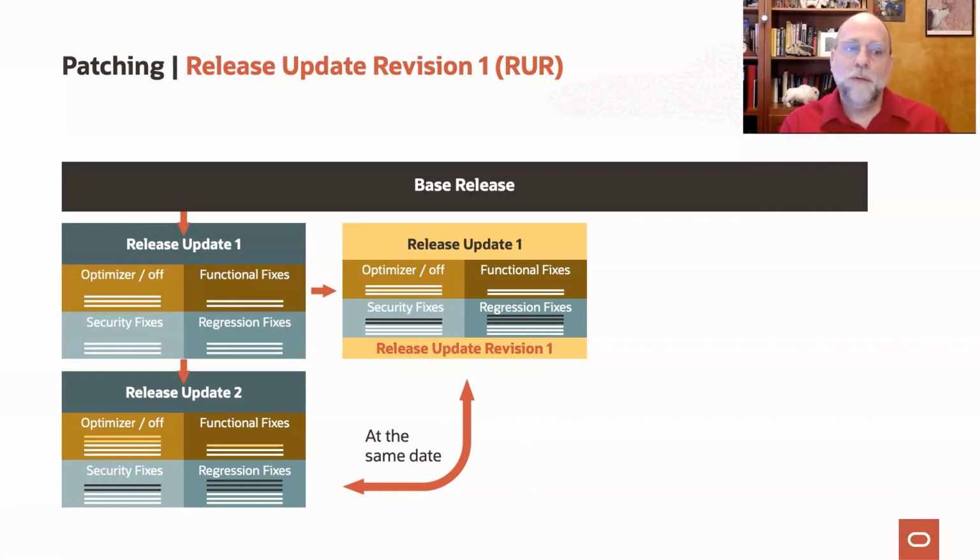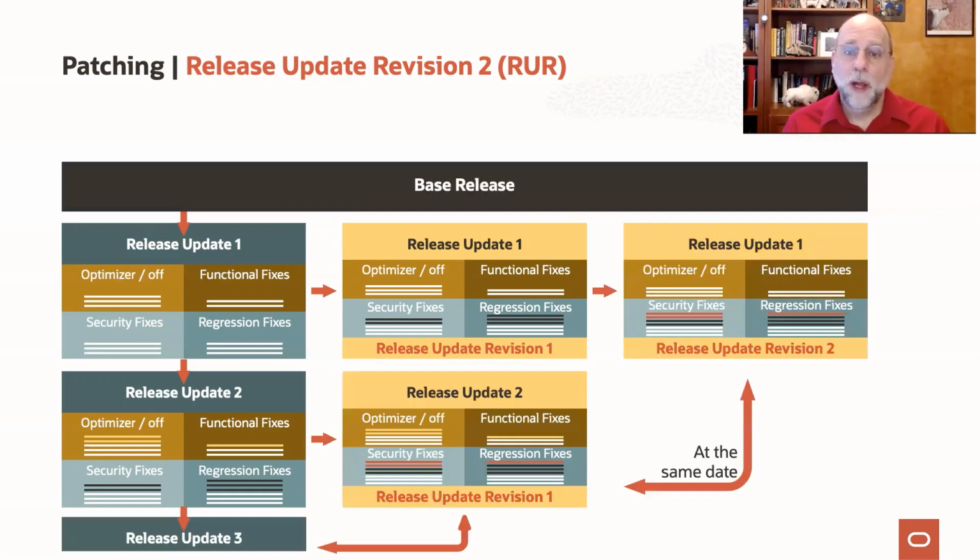In other words, if that release update had any functional regressions in it that we were able to find and fix in the first 3 months, then they will be fixed in that release update revision. So if you are on the release update in January, you'll see a revision in April, but there will also be a new release update in April. And that will continue on with subsequent release updates each quarter.